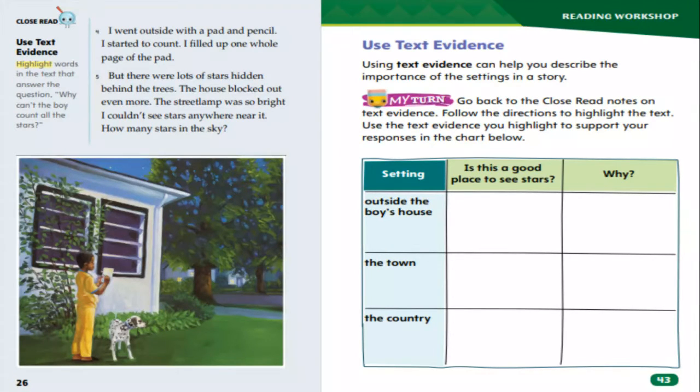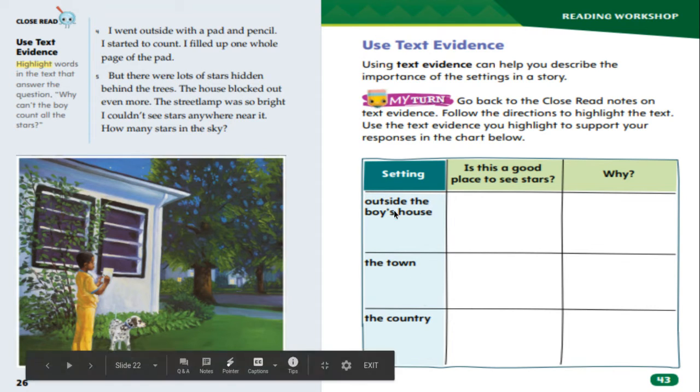The I do will be me showing you how to find text evidence. Then you will do it with me, with the middle part here from the setting, the town. And then on your own, you will work on the setting, the country.